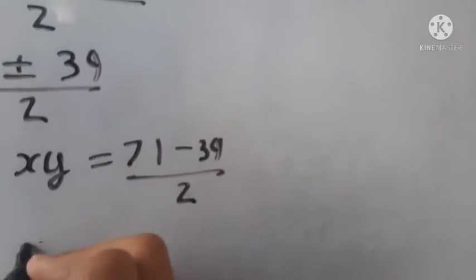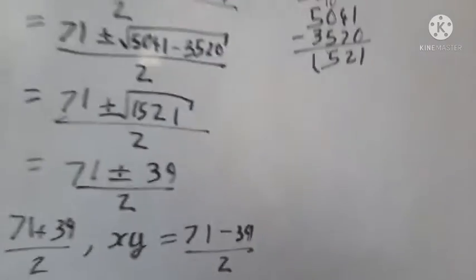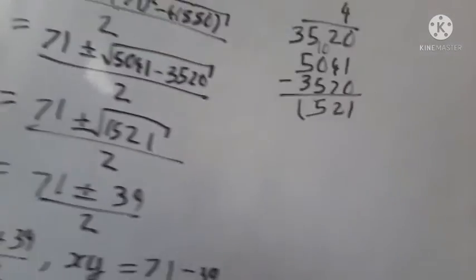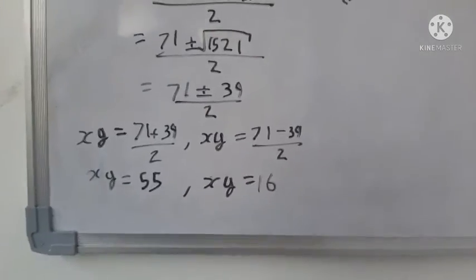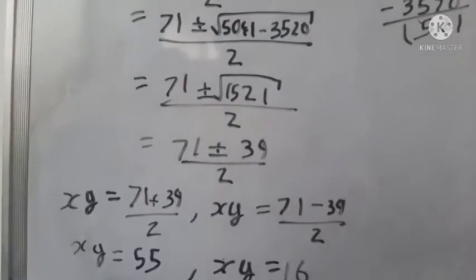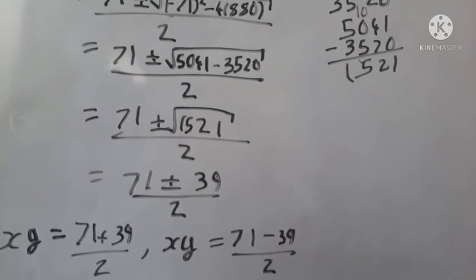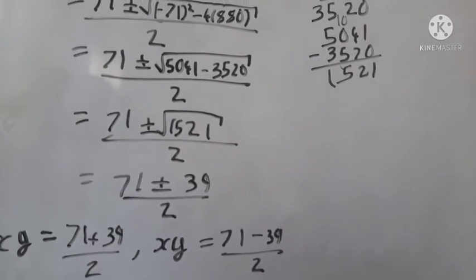For this one, 71 minus 39 is 32, and 32 over 2 is 16. So xy is 16. That makes sense. And now we have xy.